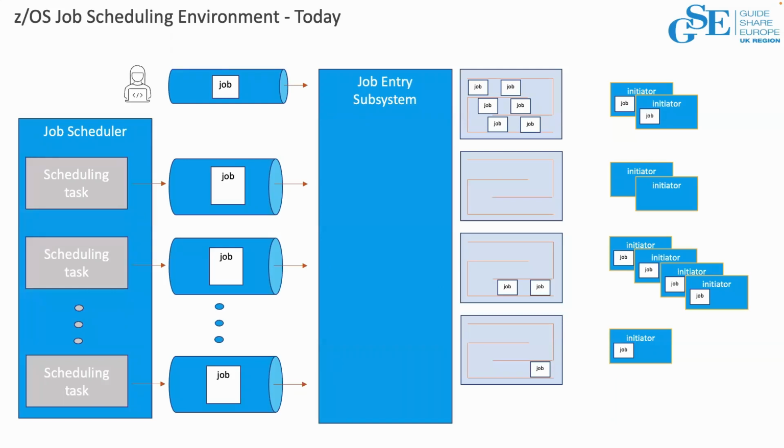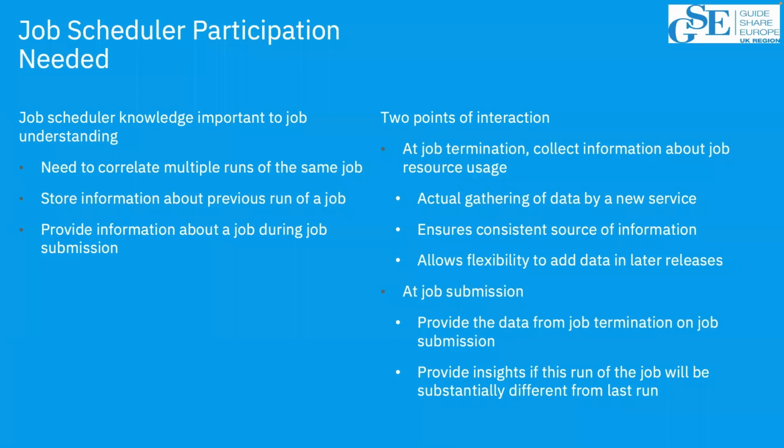Today, the job scheduler provides the scheduling tasks by submitting jobs to the job entry subsystem that manages the queues and the initiator queues. So what is the part of a job scheduler tool in this scenario?